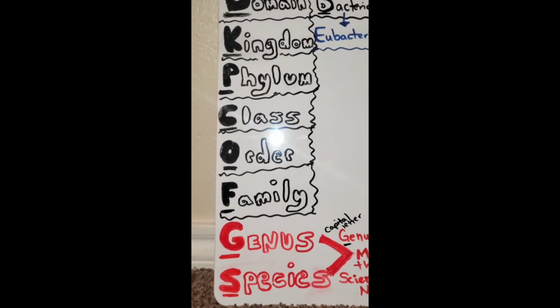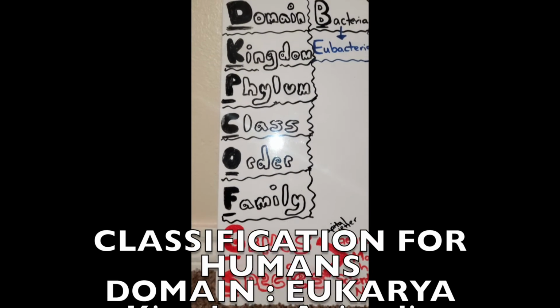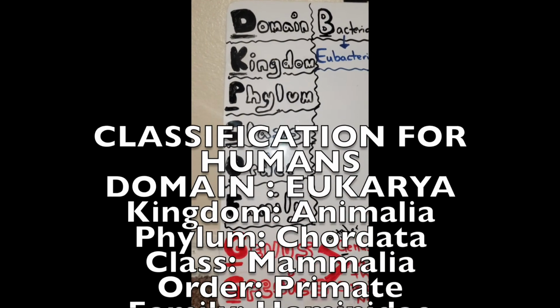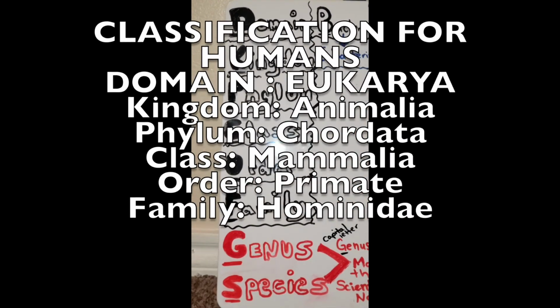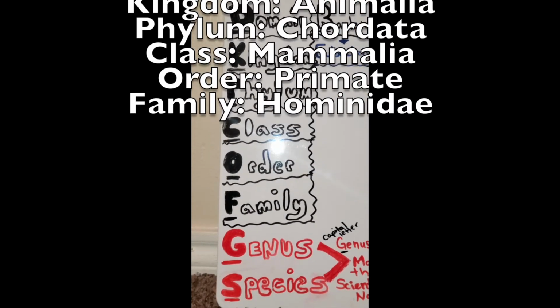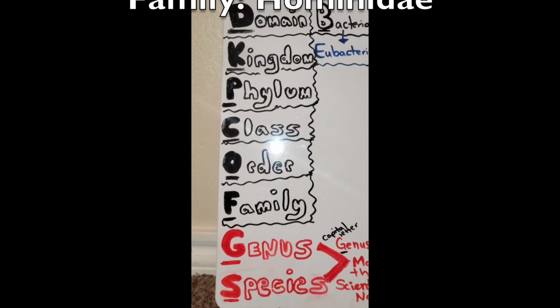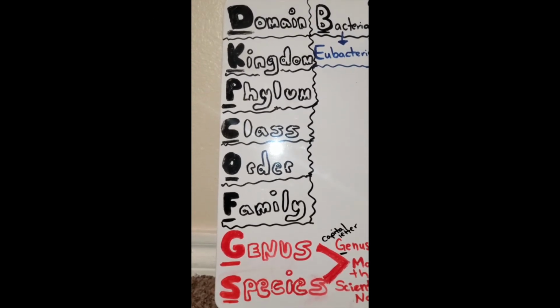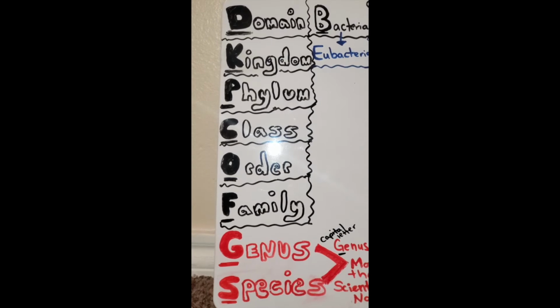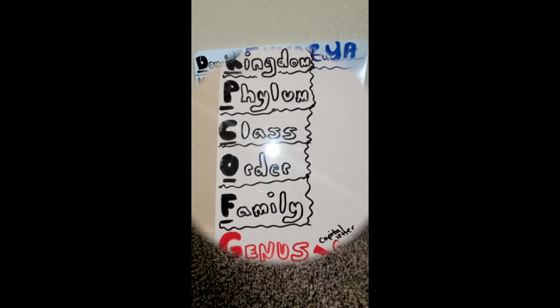I'm going to follow the human classification so that you can understand better. Once you have learned the classification, I'm going to have an assignment for you to do. So let's get into it.